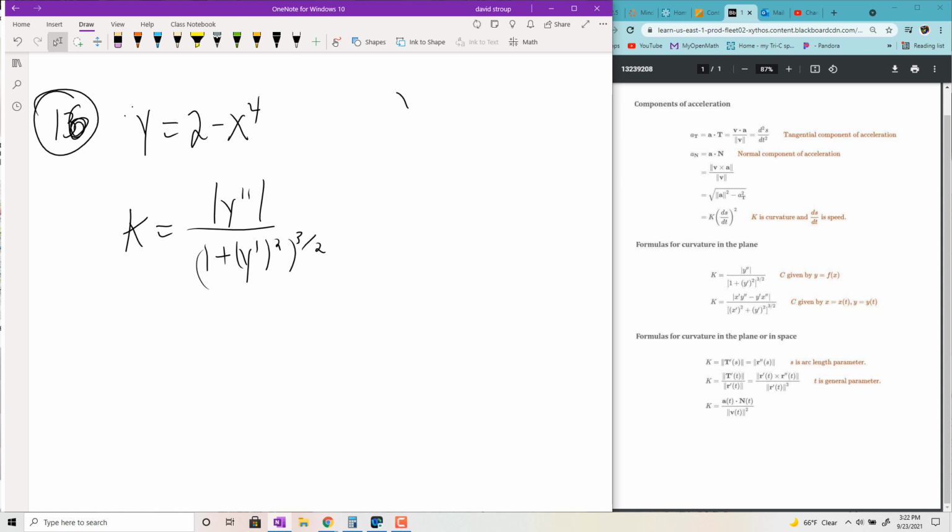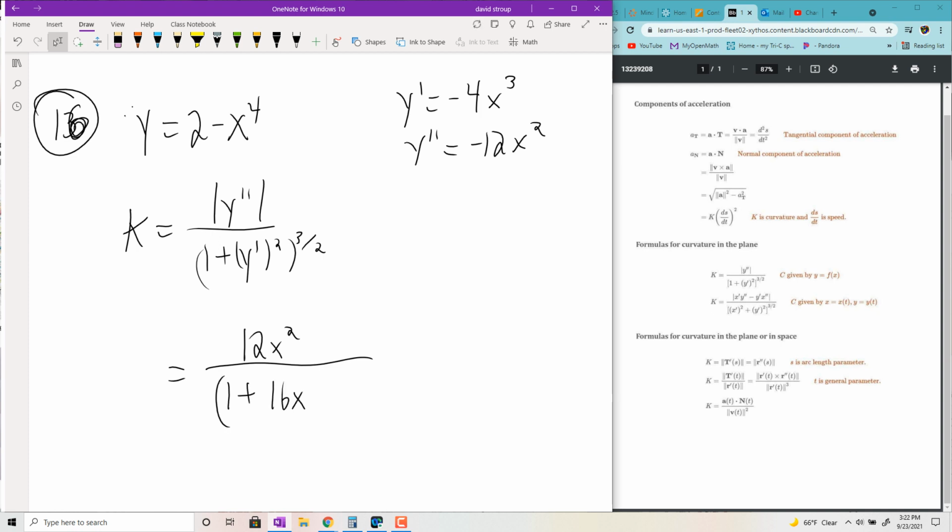So you need y prime, that's negative 4x cubed, and then y double prime, which is negative 12x squared. That's an absolute value, no longer talking about magnitude. We're back in our friendly world of regular math. So the absolute value of y double prime is 12x squared, all over 1 plus y prime squared, which is 16x to the 6, to the 3 halves.